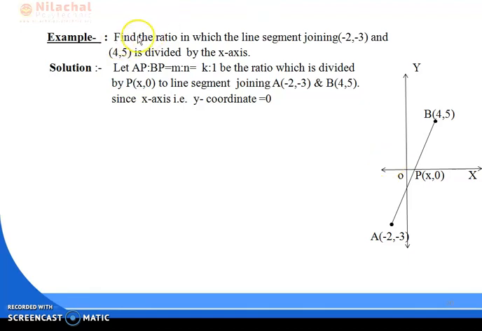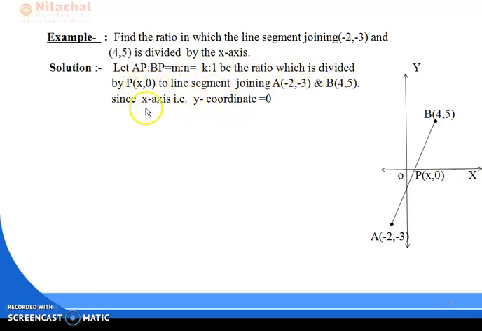So our question is to find the ratio. If the question is to find the ratio, then we should write: let AP by BP, that means m is to n, equal k plus 1. If the question is to find the ratio, then m is to n must be k is to 1. Let m is to n equal k is to 1 be the ratio, divided by which point?